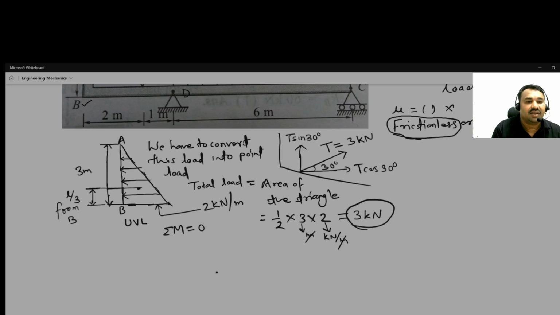What about from A? Obviously from A it will be 2L by 3, and this 3 meter is for the whole length. So here we came to know where it is acting. It is acting at L by 3, means from here to here it is 1 meter.